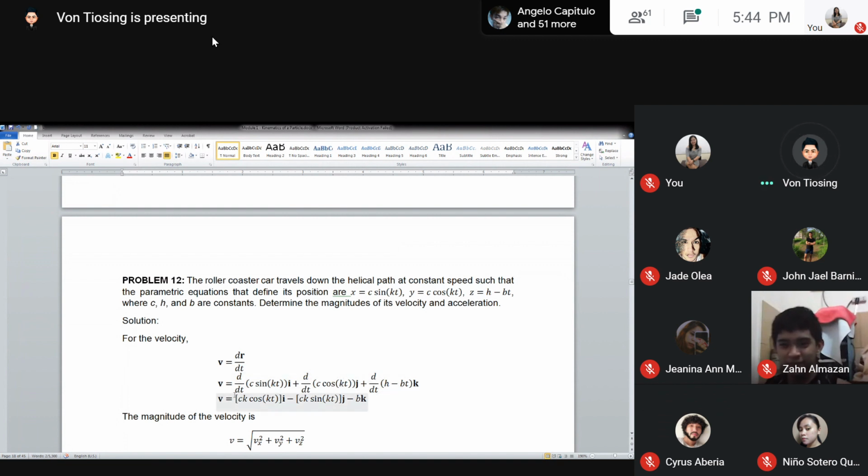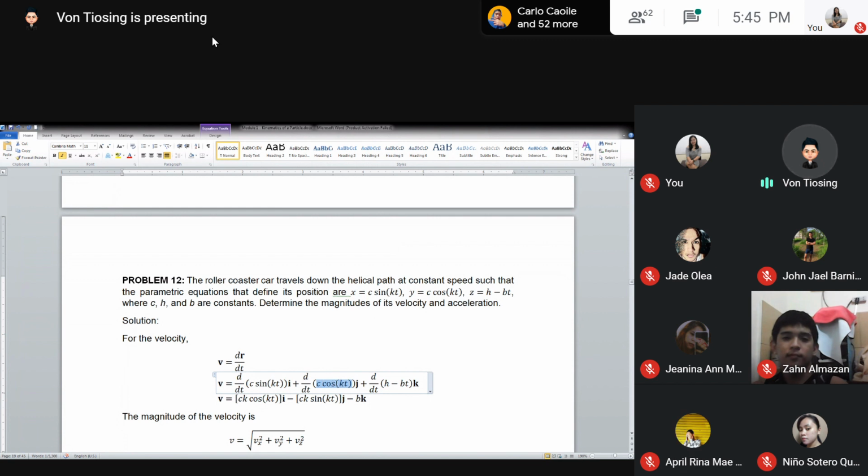Okay? So, the derivative of these three functions are as follows. The derivative of c sine of kt is equal to what? C times the derivative of sine of kt, which is cosine of kt. And then by chain rule, you get the derivative of kt, which is k. So this is ck, no?